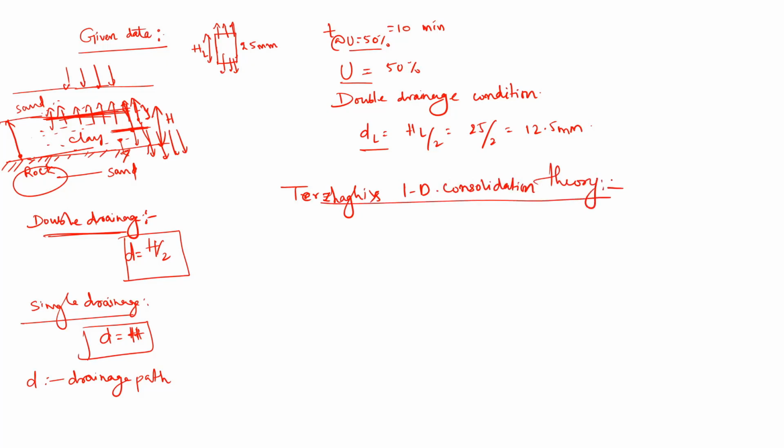Okay, see here, when the consolidation is happening in one direction, due to the expulsion of the water only in the vertical direction, that is the reason why it is called one-dimensional consolidation.